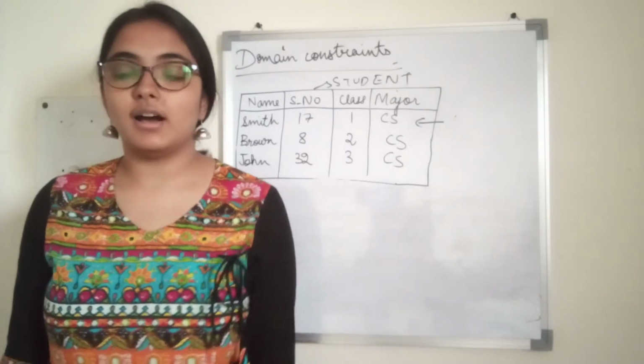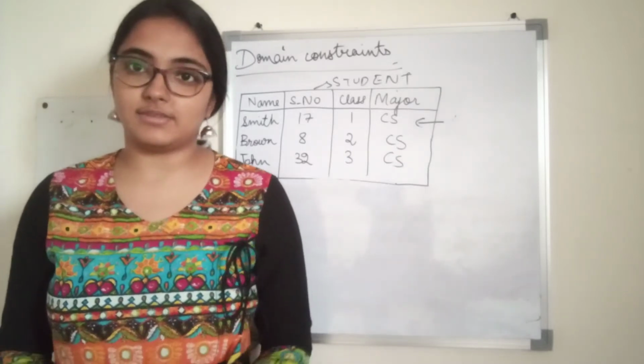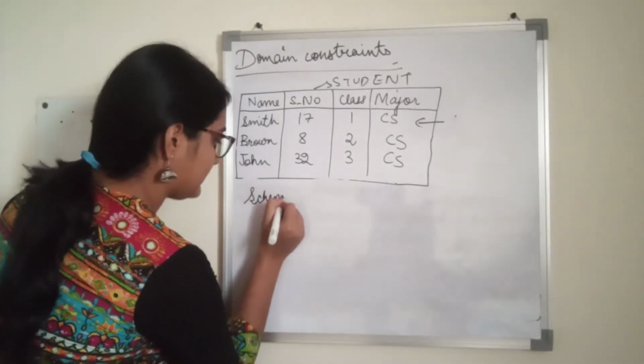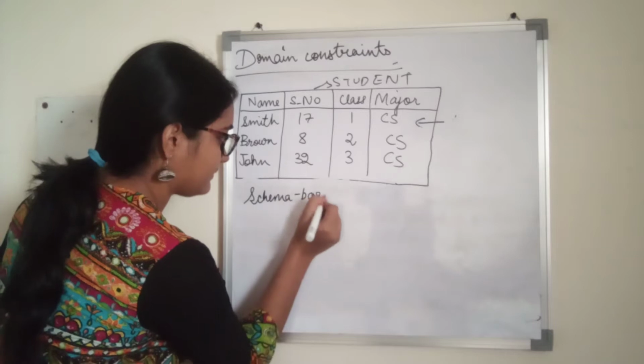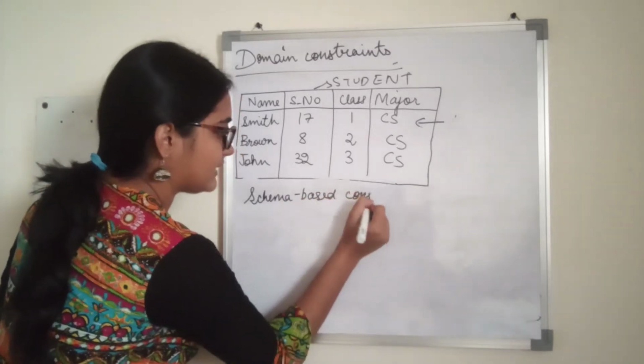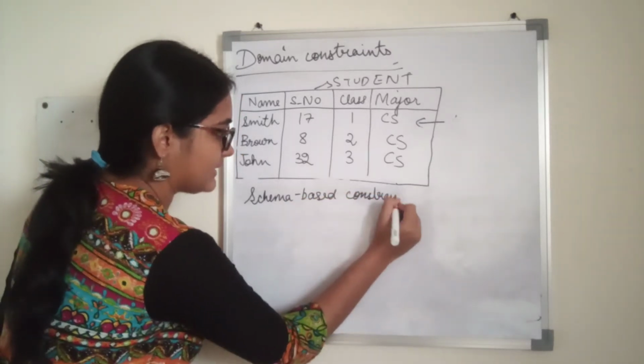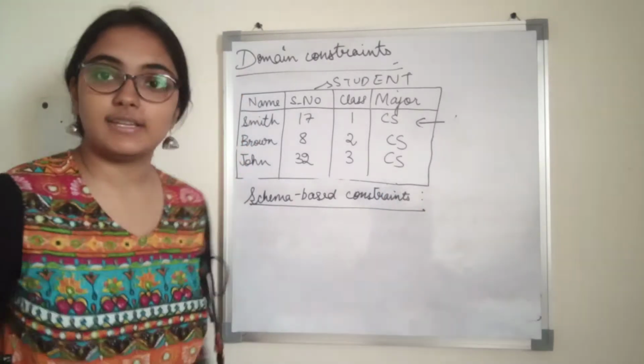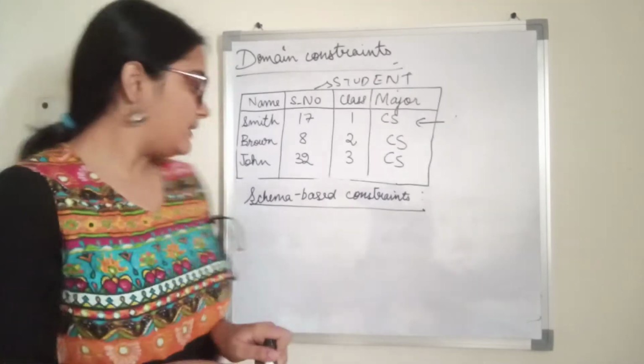Let us now look at what are the schema based constraints, right? Let me write it. Schema based constraints. These are the constraints that can be directly expressed in the schemas of the data model, right? What is the data model that we are using? Relational model, right?